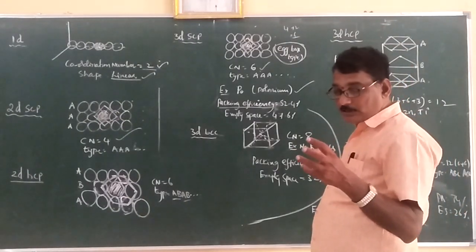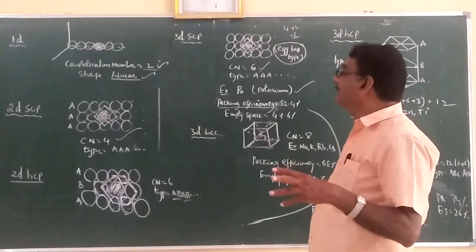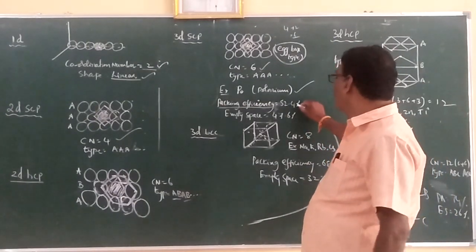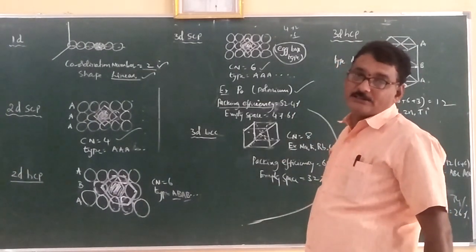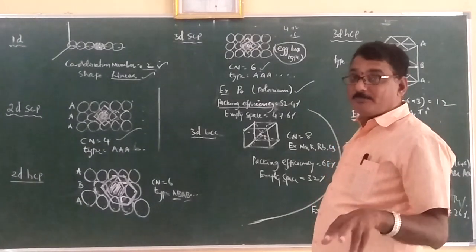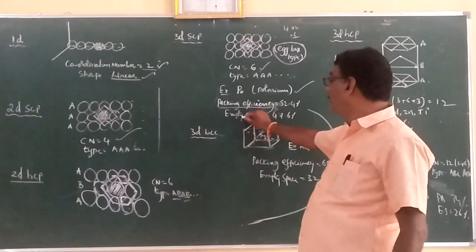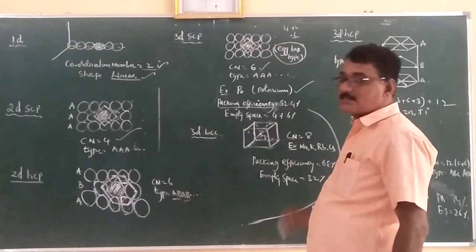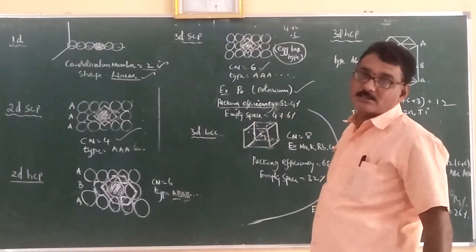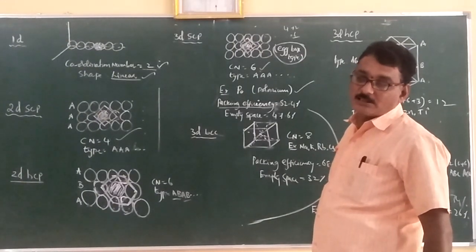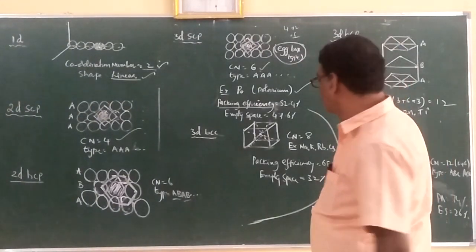The total number of atoms occupied by the square closed packing is equal to 52.4%. The remainder is called empty space, 47.6%. This is about the three-dimensional square closed pattern.